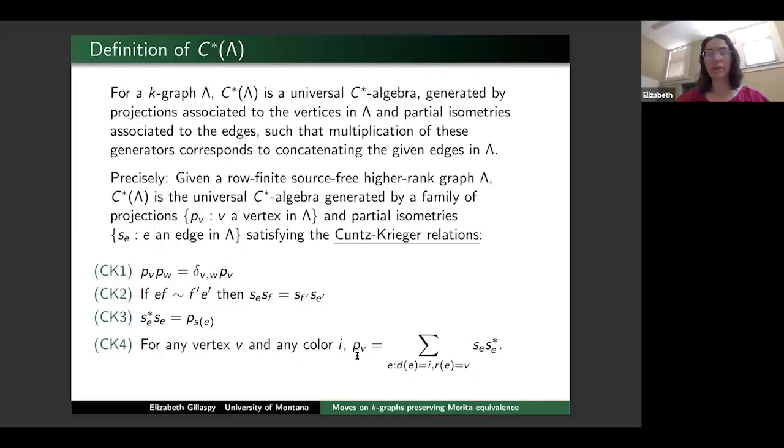More precisely, if you fix a color and you look at all of the edges with a given range and that color, the sum of their range projections is precisely the projection at that range vertex.